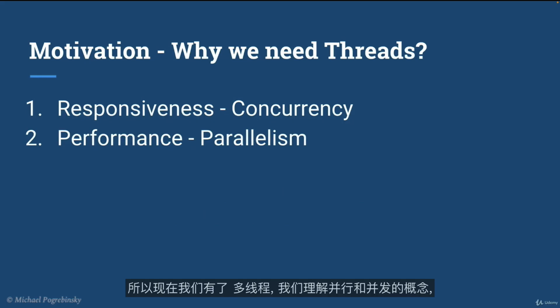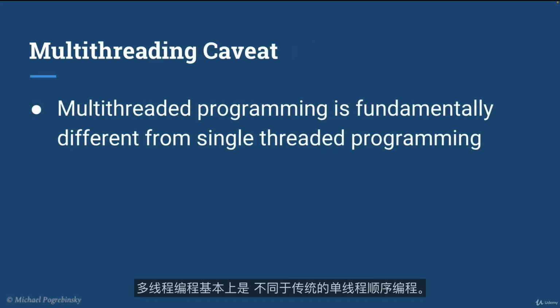So now that we have the motivation for multithreading, and we understand the parallelism and the concurrency concepts, which bring us the desired responsiveness and the performance, there is one caveat. Multi-threaded programming is fundamentally different from traditional single-threaded sequential programming. And a lot of the intuition we have from single-threaded application development will actually break when we introduce multiple threads.